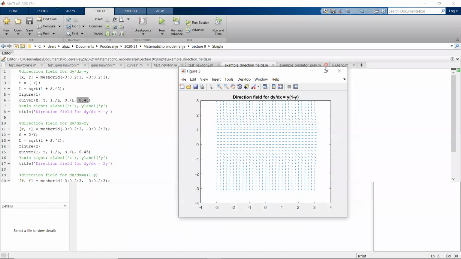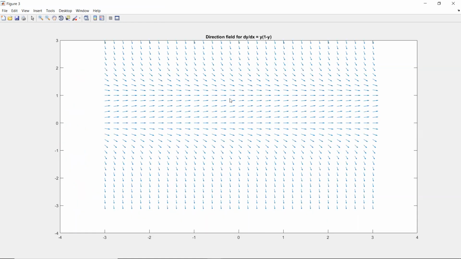And the third case is the logistic model. You see in the logistic model, for example, if I take y times 1 minus y, and I start, for example, here near 0, I start growing exponentially, but then the direction field becomes horizontal.